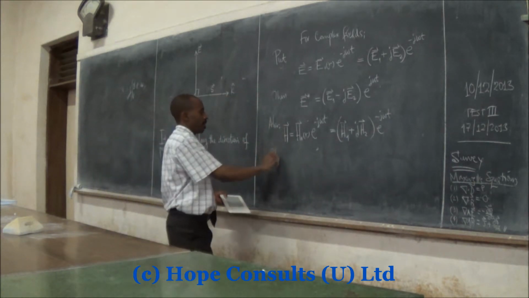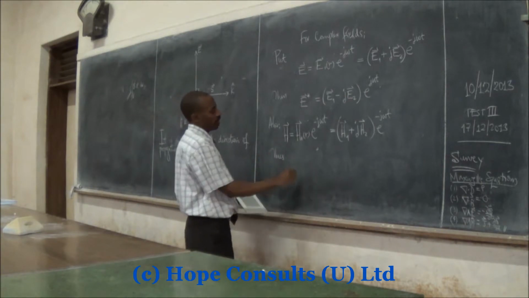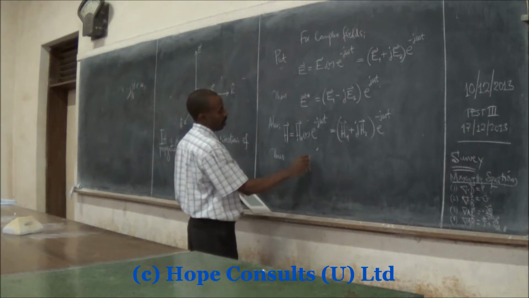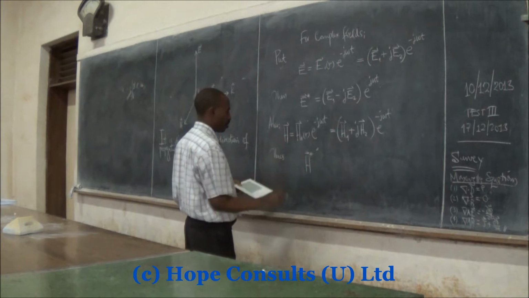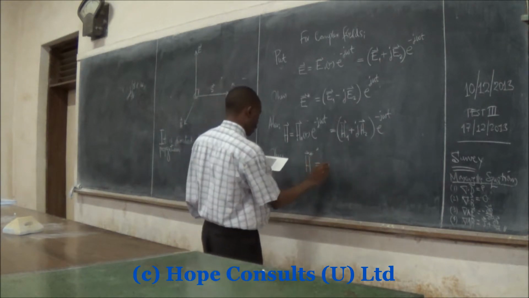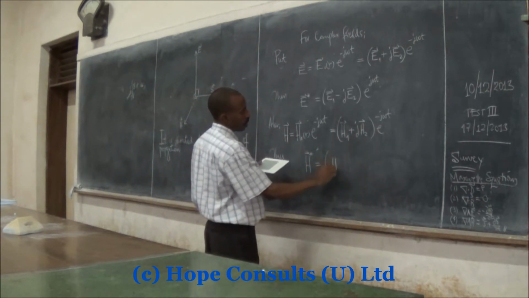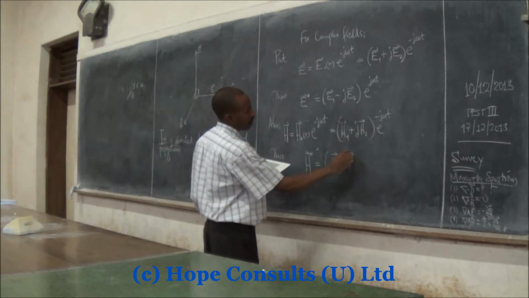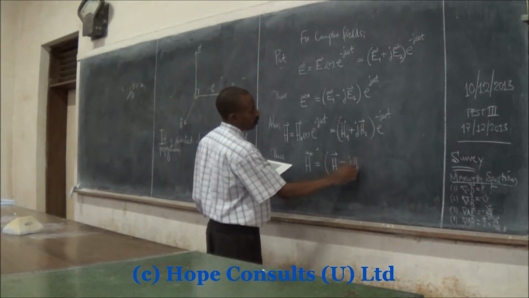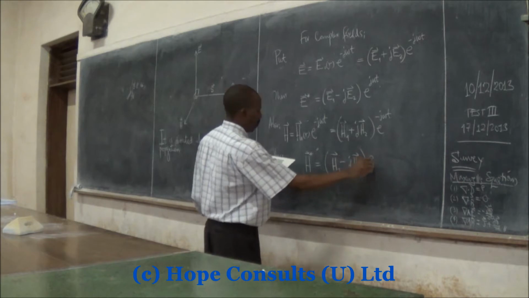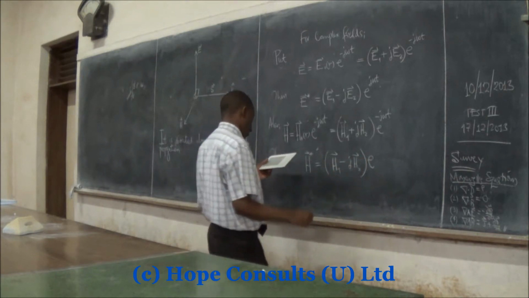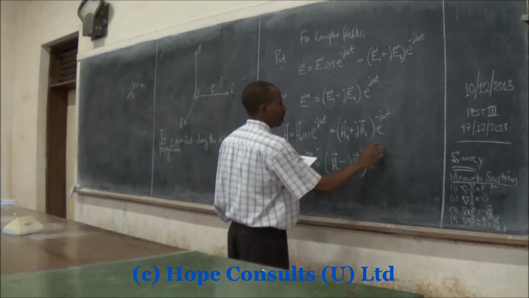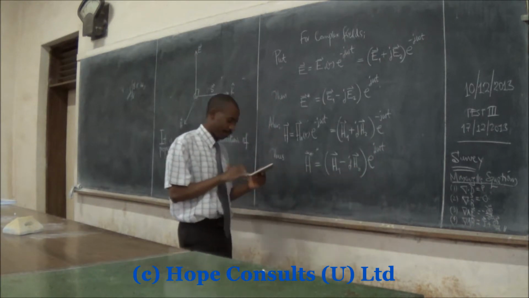Thus, we would have our H complex conjugate being the same as H1 minus j H2, exponential positive j omega t.